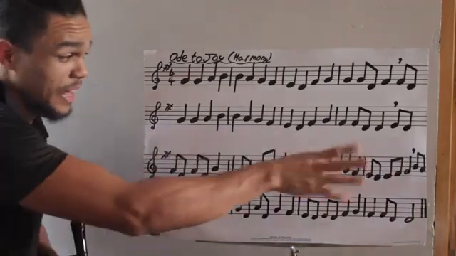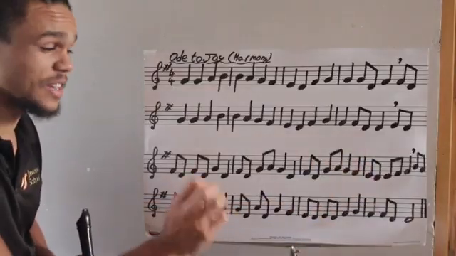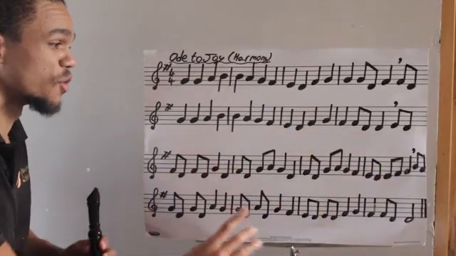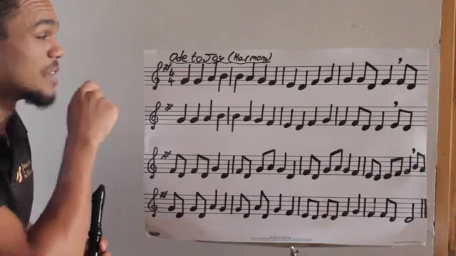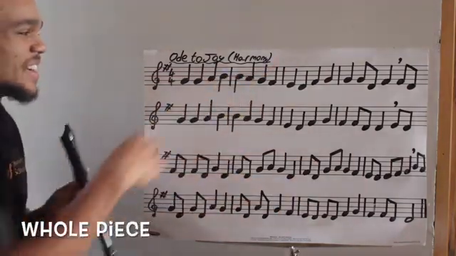Alright, so that's a lot of notes right there. So you need to take your time to practice line number 3 and line number 4 with harmony to get really good. For now, let's try to put the whole piece together. 3, go.